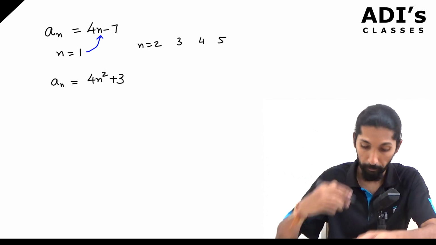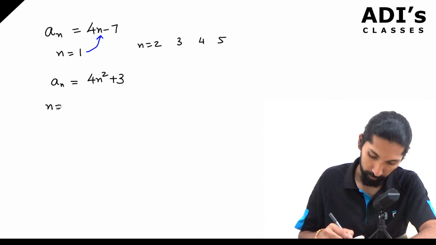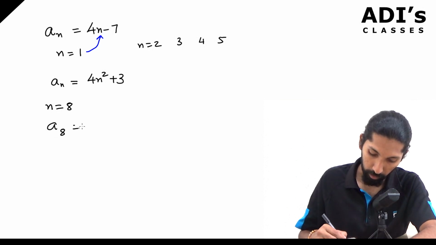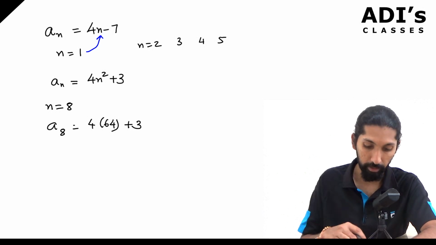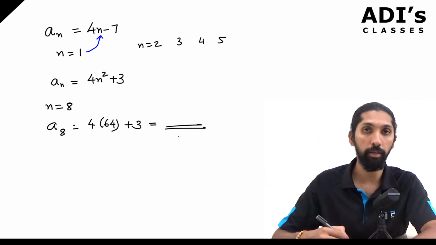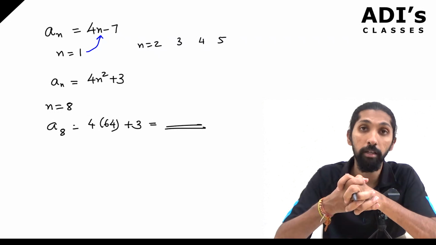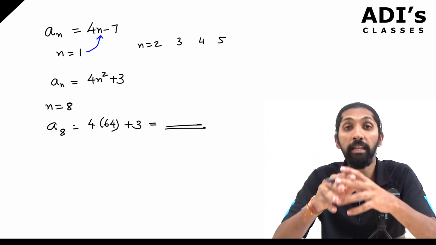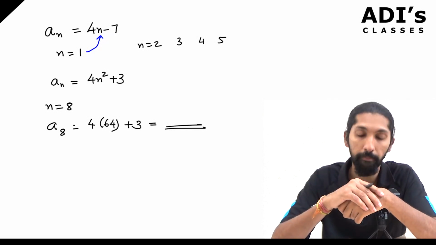What we want is the 8th term, so put n is equal to 8. So A8 is equal to 4 into 64, that's 8 square, plus 3. Whatever answer you get is the value. So it's not just that you can find the sequence, you can also find any term given the nth term of the particular sequence.